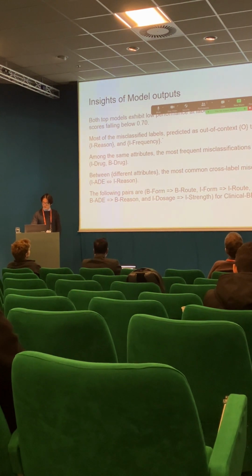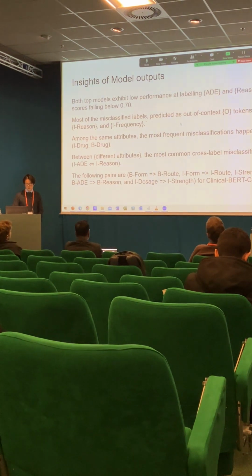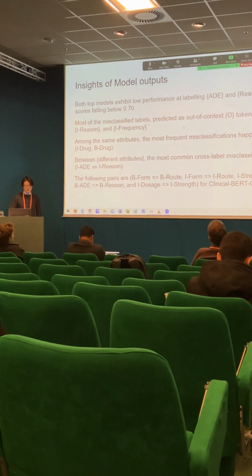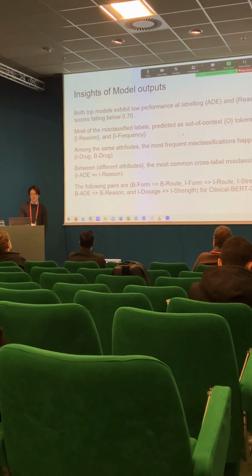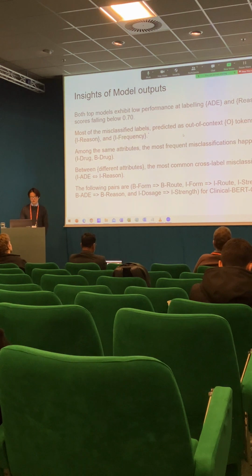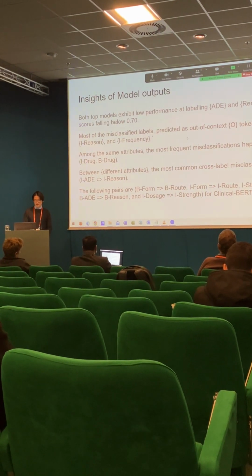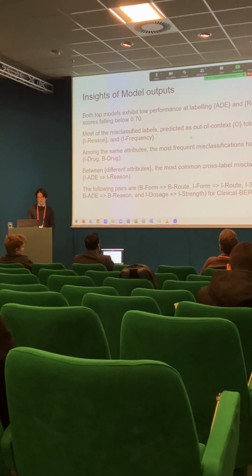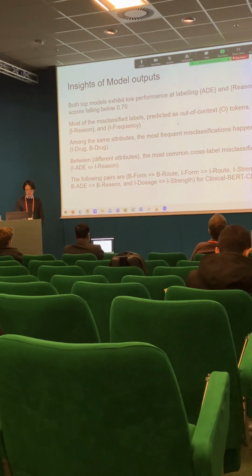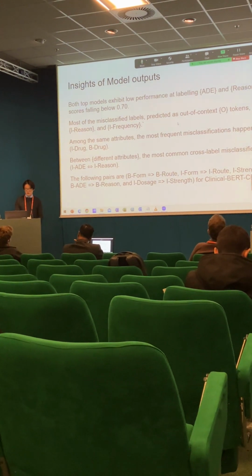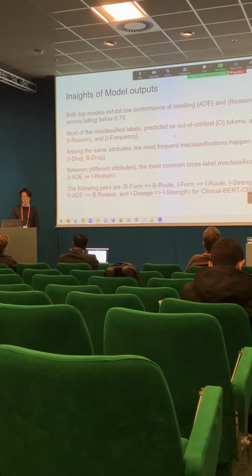Some insight that might lead to future work can be derived from this work. Both top models have low performance labeling ADE and reason. If you have ideas to improve these two categories, that is good. For misclassification, drugs, reasons, and frequency are the highest ranked. Also, whether it's the beginning of a drug or the end of a drug still confuses the model.